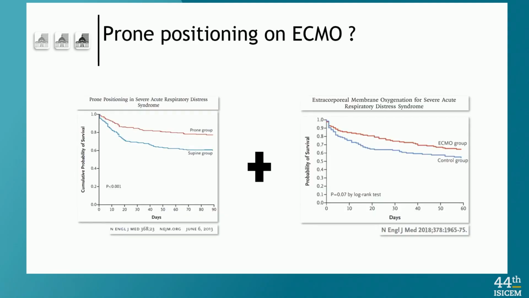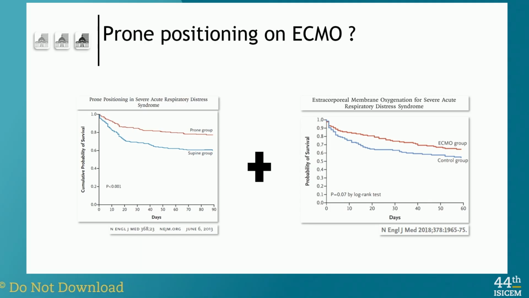The question that we're going to discuss together is, should we continue to prone patients that are already on VV ECMO? It means we have a very severe patient, refractory to several interventions, who gets VV ECMO, and the idea might be to continue to use prone positioning.